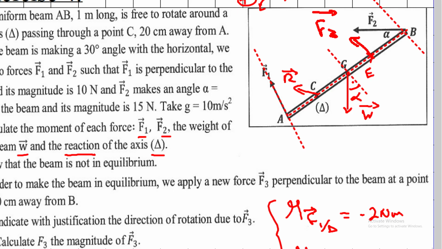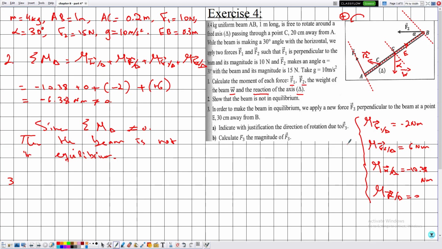So there are two possibilities in which F3 is perpendicular to the beam. They didn't specify in which direction, but the line of action is perpendicular to the beam.